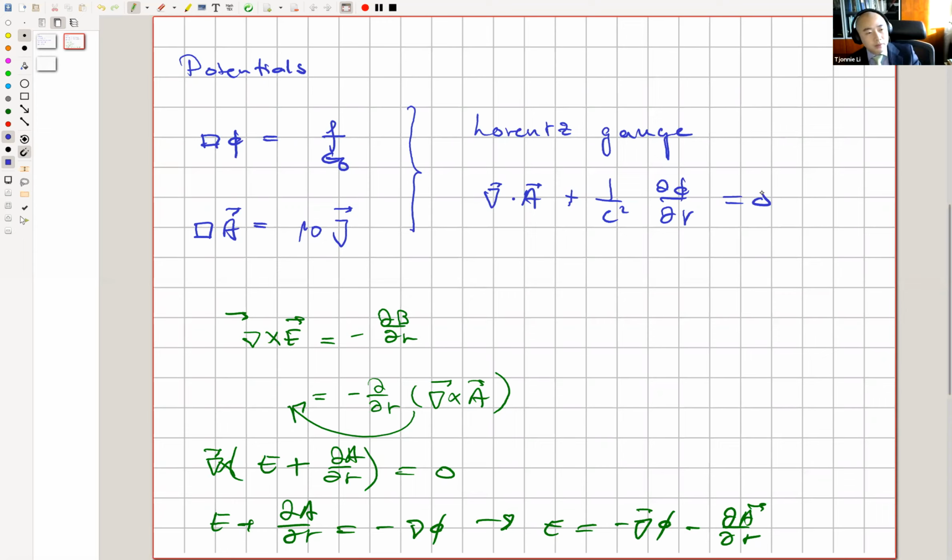We proved Helmholtz theorem, which states that any vector field can be written as the negative gradient of a scalar field and the curl of a vector field, provided that the divergence of A is specified. And so in this case, we've specified the divergence of A to be equal to this form here, so that we get nice and neat wave equations for these.